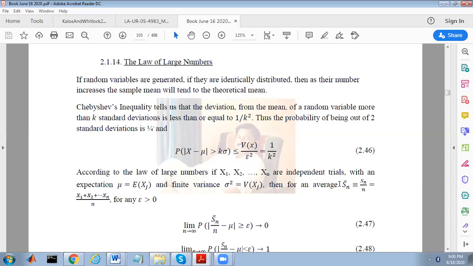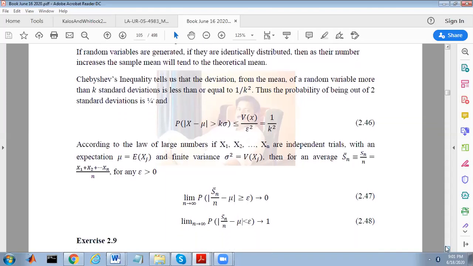These are called stochastic experiments. I think the German word first used by Einstein was Gedanken. That's what I heard as an undergraduate student, though I could be wrong, that these are called mental experiments, stochastic experiments. That's what we do in Monte Carlo.